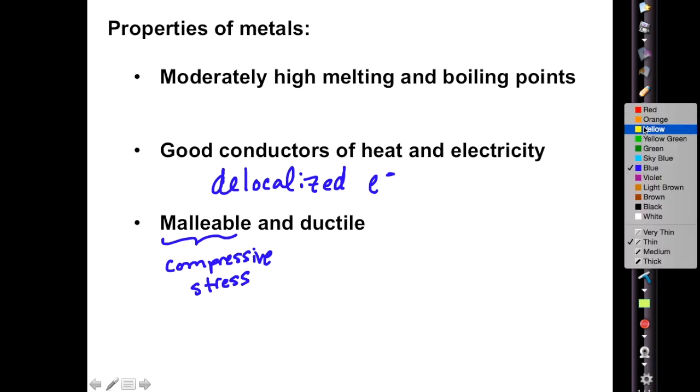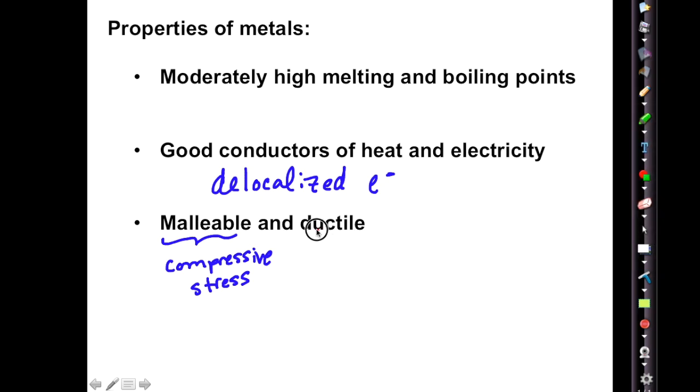So you think about pulling on something, stretching it out. We talk about tensile stress. Tensile is in tension, right? So when a tensile stress is applied to a metal, we see that it is able to change shape and be drawn into sort of a long wire as a result of the tensile stress.